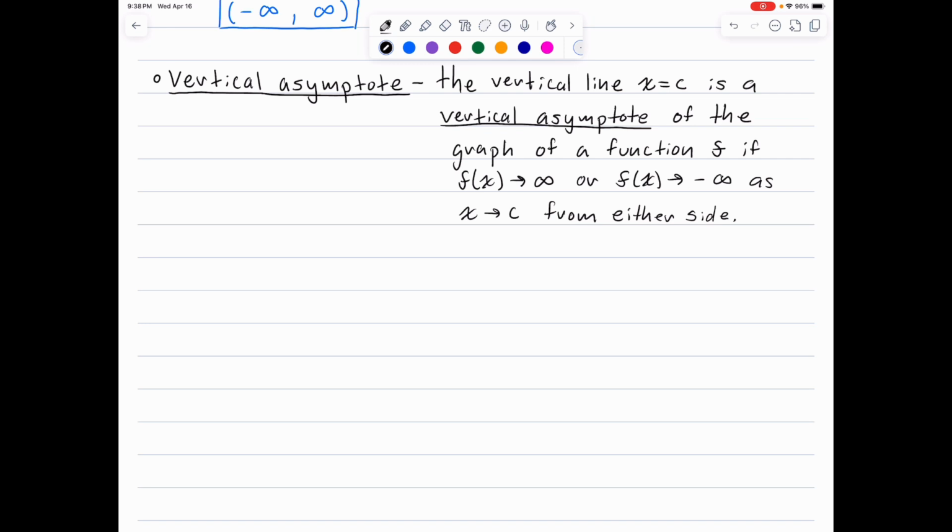So we have 4 types of vertical asymptotes, so let's draw them.